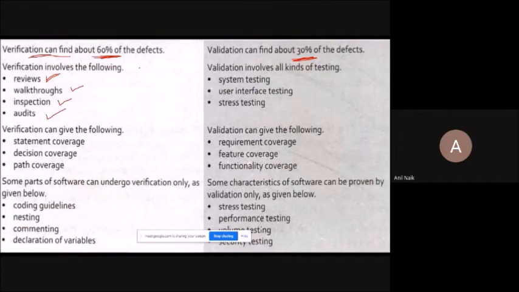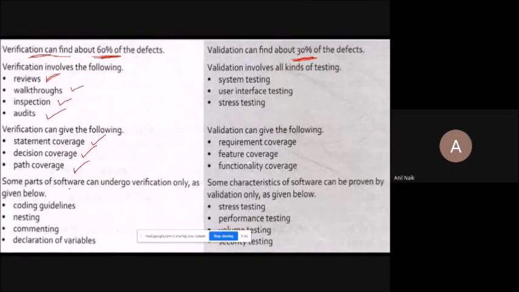Verification in the code gives statement coverage, decision coverage, path coverage, verifying line by line.